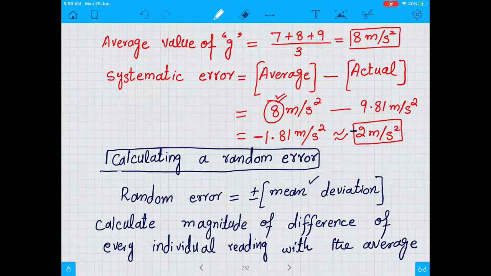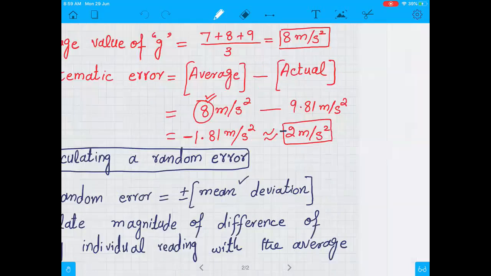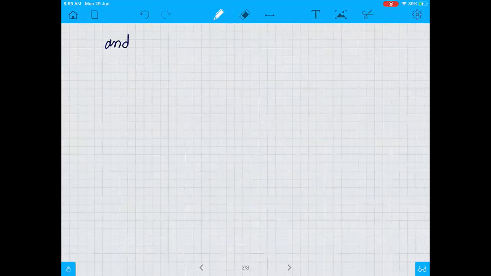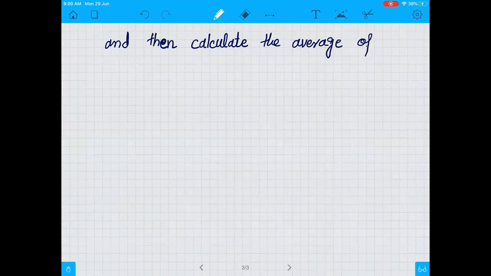Calculate the magnitude of difference of every individual reading with the average, and then calculate the average of these deviations.